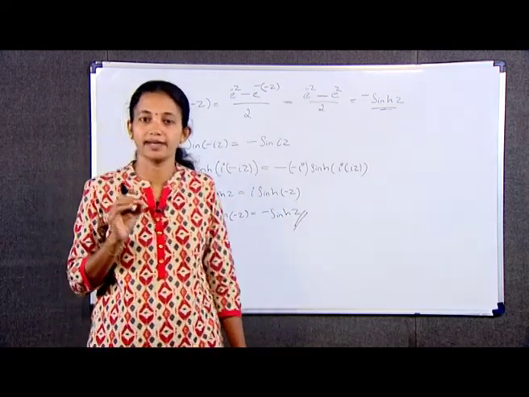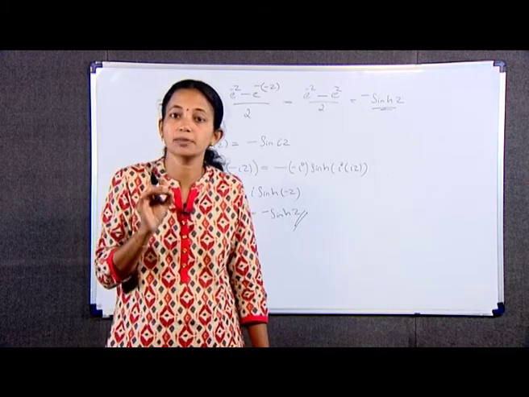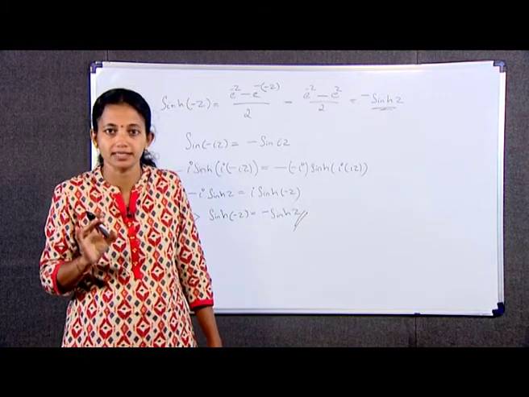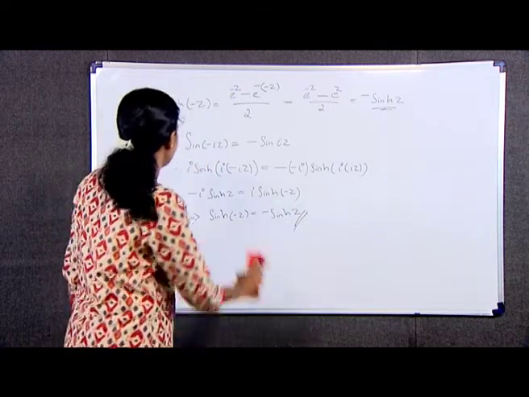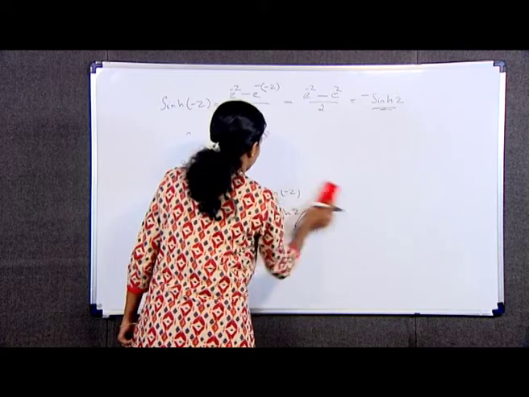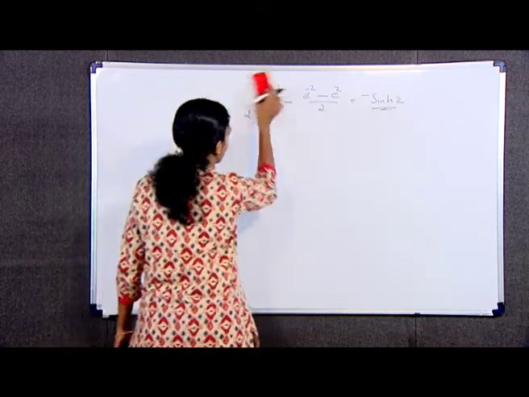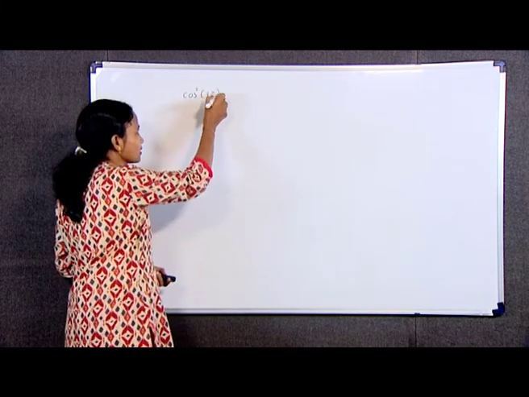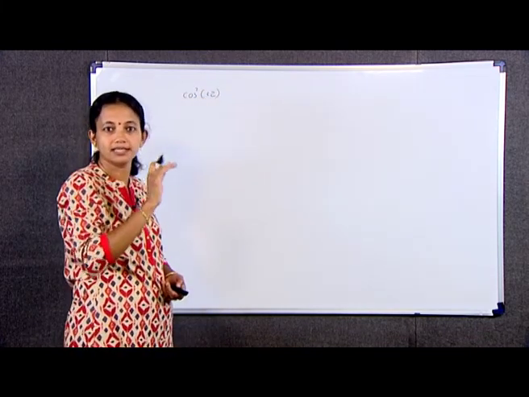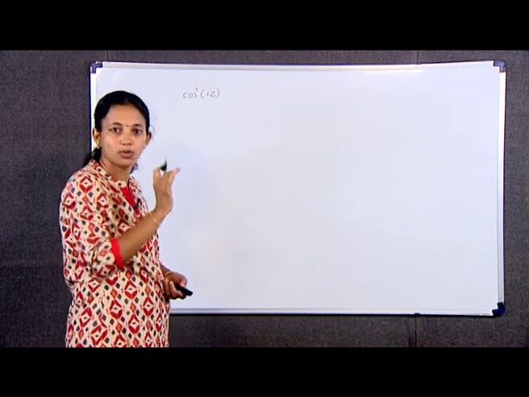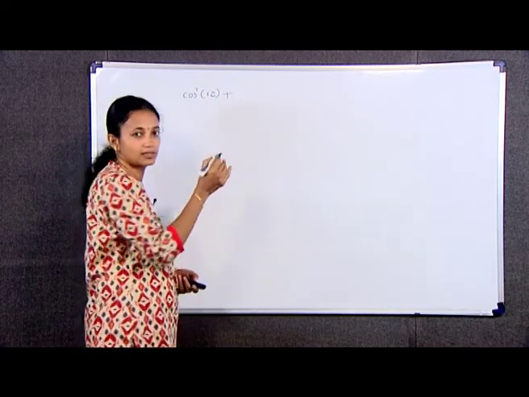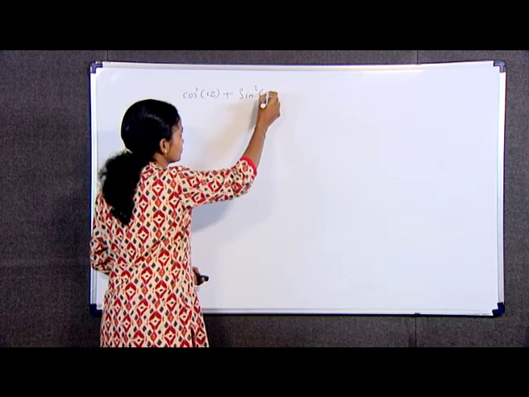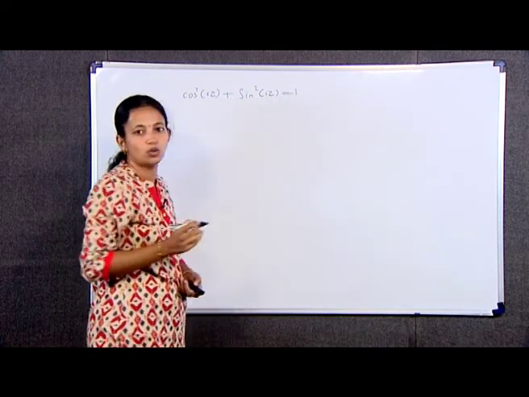In the trigonometric identity cos square z plus sin square z is equal to 1, replacing z by iz, we obtain cos square iz plus sin square iz, which is equal to 1.